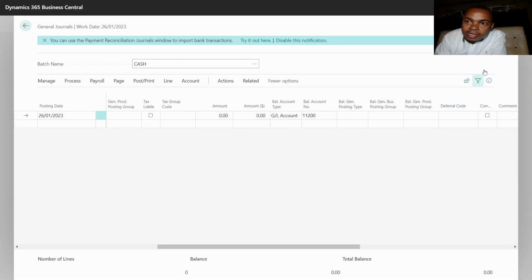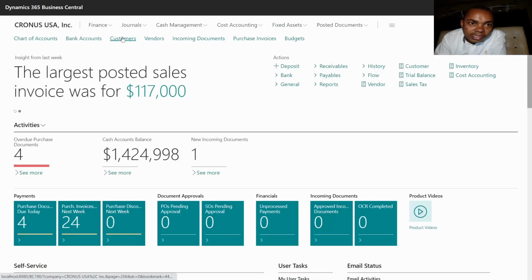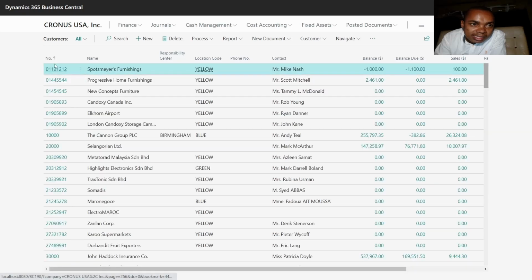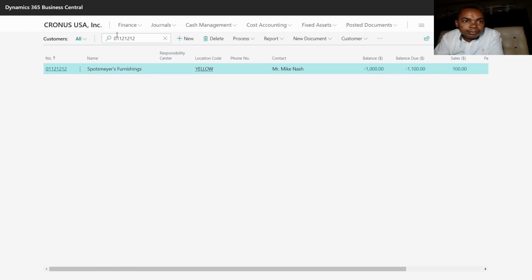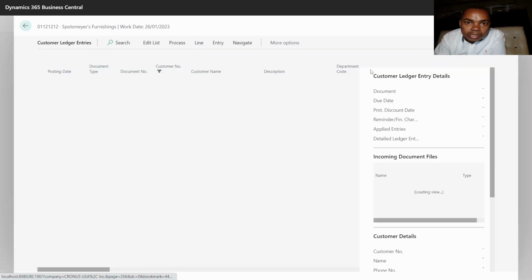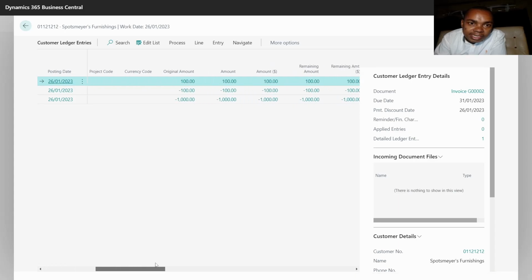So I have posted, and I want to go to that customer account. We can go to the customer because we have used a customer to balance a certain transaction. So I can search by number. Yes, you can see this is the customer, and this is the amount. I just click on it. We have passed a journal, which is this one, and we have debited that account. As you can see, we have already debited, and the amount is in debit format, which is a positive sign.